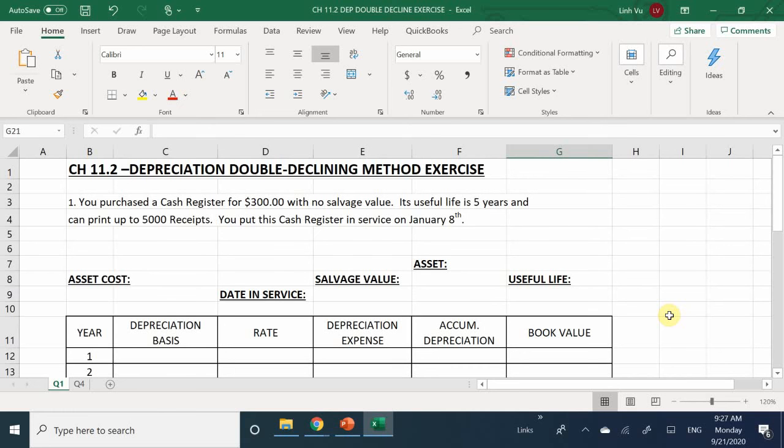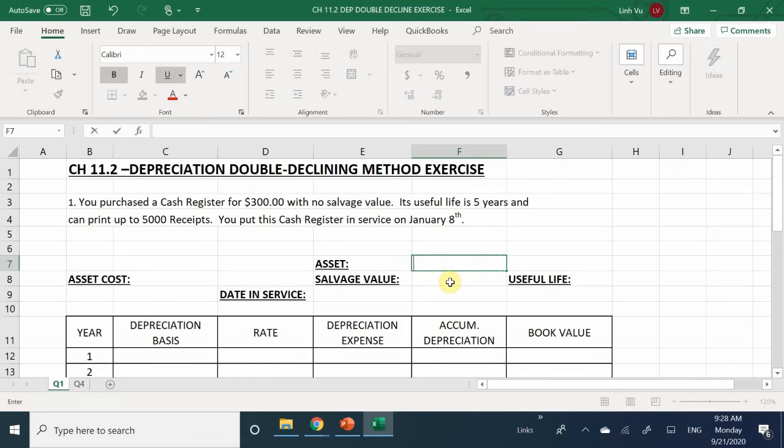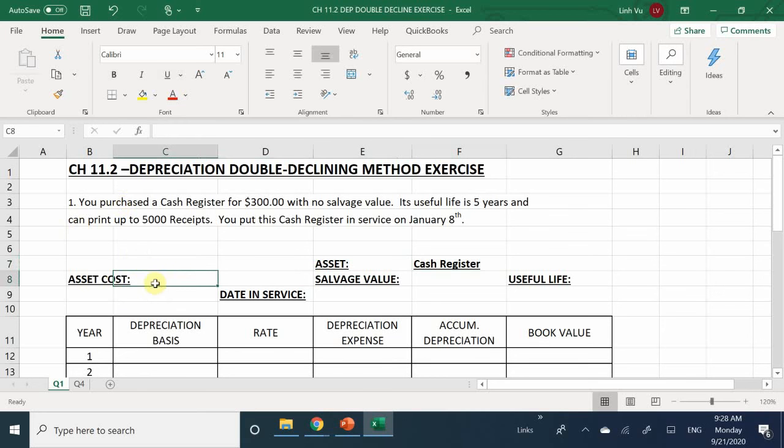Let's go ahead and fill in our information right here. What is my asset going to be? The asset is the cash register. How much is my asset cost going to be? $300.